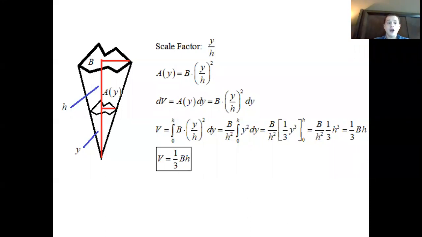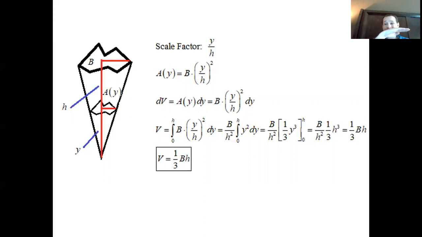So what's the area of that little slice right there? A of y, not the top, not the base, just that random cross-section we sliced out of this thing. Well, it's the same shape as the base on the top, but all the dimensions have been shrunk down by a factor of y over h at that spot. And as we just talked about, areas are related to the scale factor squared.